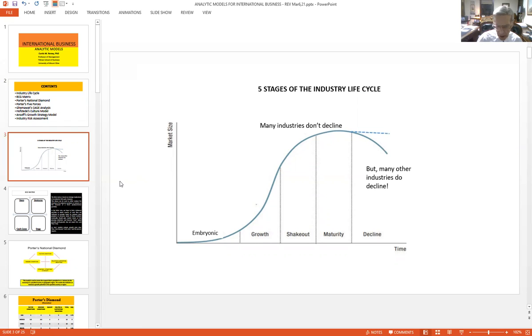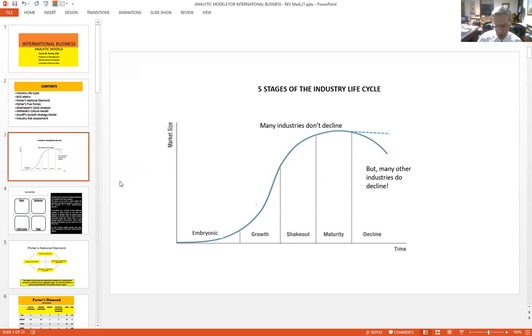In the embryonic stage, companies are sort of jockeying. Well, there may be only one company that is trying to get its product established as the standard for the industry that will be accepted or adopted by its intended users or consumers, its customers.